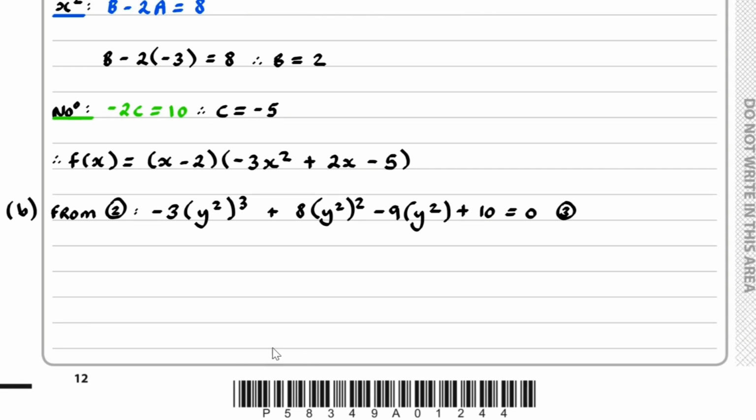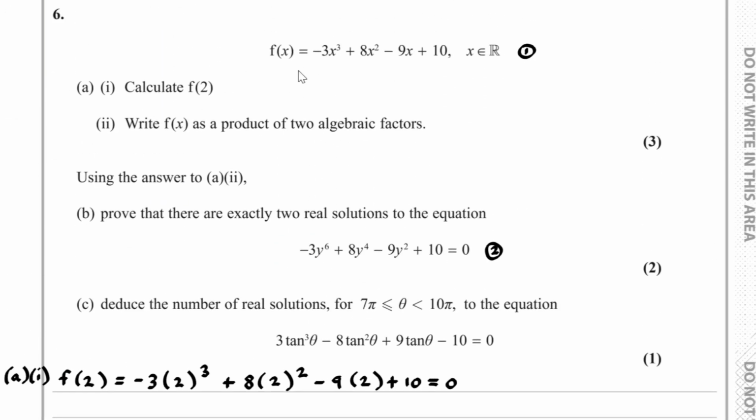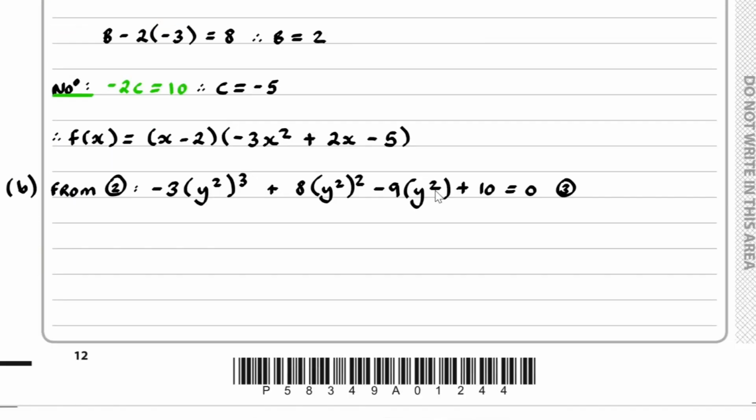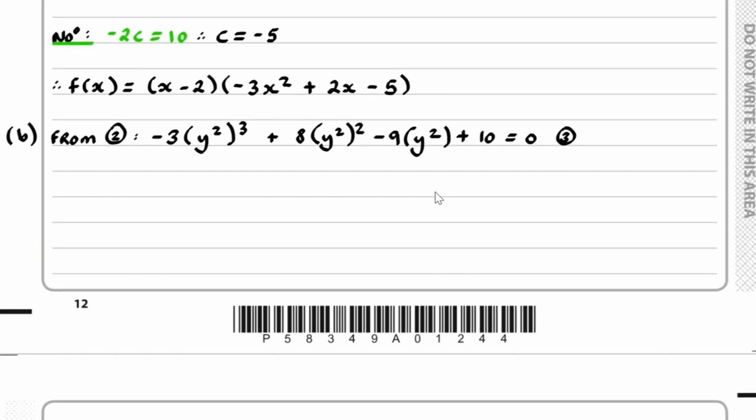Call this equation 3. And the reason I want to do that is because if I compare equation 1 with equation 3, we can straight away see that x is equal to y squared.